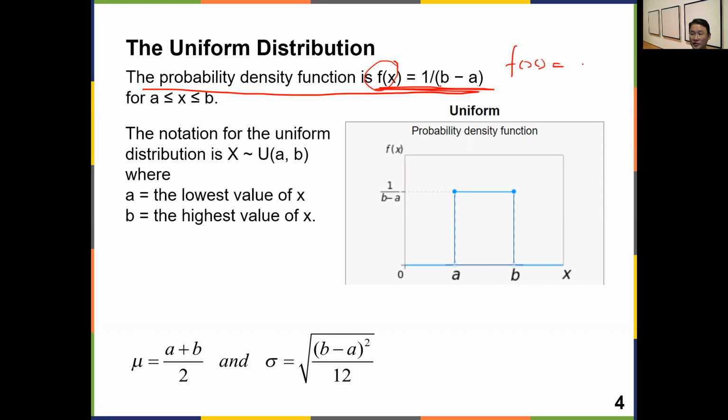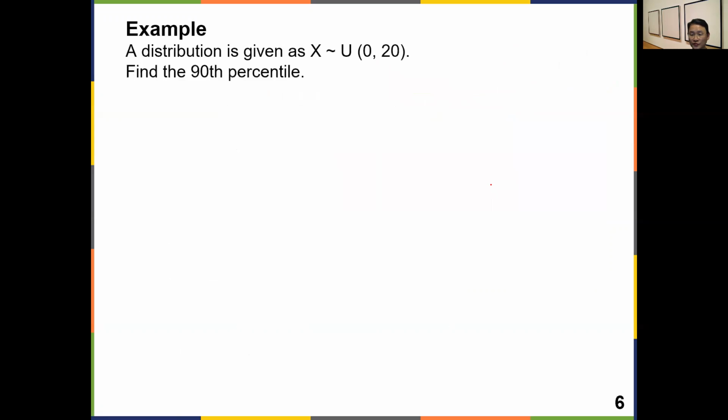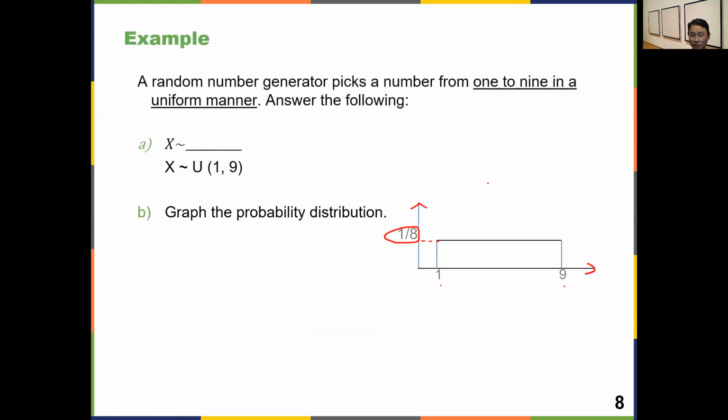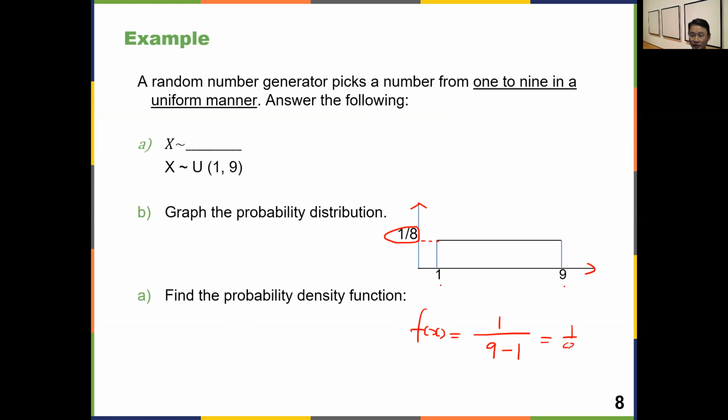You can write it in this format as well, or the same thing. And that refers to what? That refers to that line function, line equation. So if we go back to our question, the probability density function is going to be f of x equals 1 over b minus a, which is 1 over 8, right? Just like that, right? Okay.